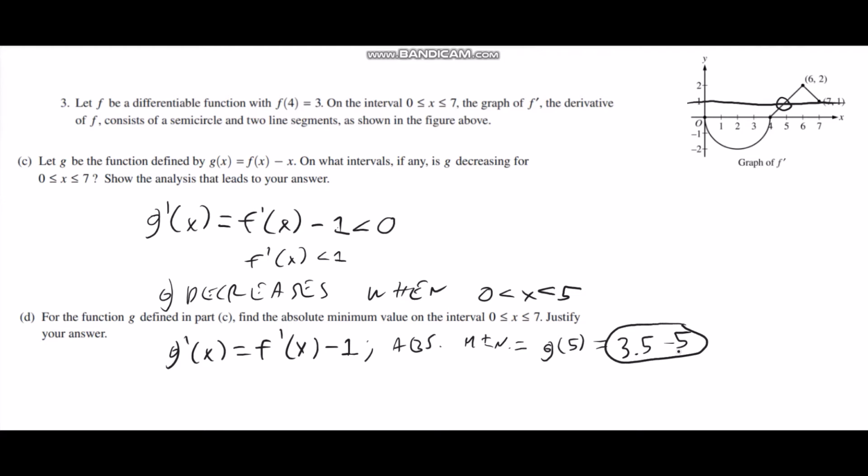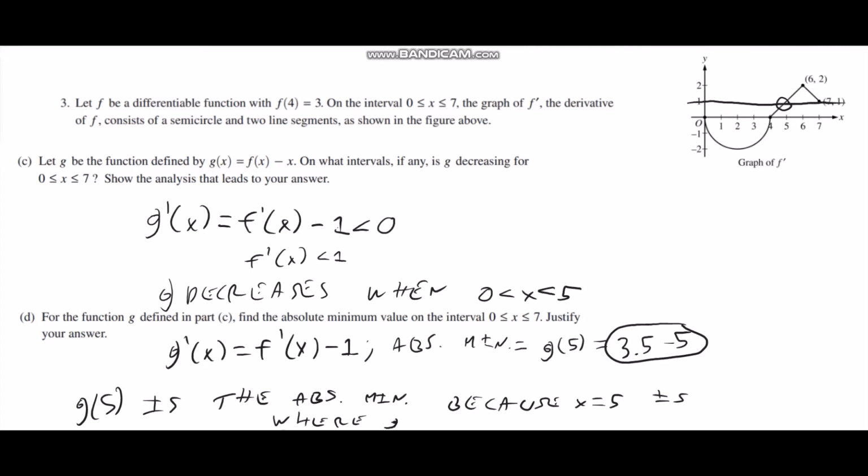We can justify this by saying g of 5 is the absolute minimum because x equals 5 is where g prime changes from negative to positive. And that should be a fine justification, and that's it.